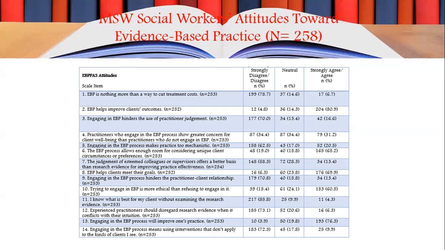But there are some other things at play that explain why, even though we have this positive regard for EBP, it still isn't happening to the extent that it should, right? So it's not so much attitude. There's generally a positive regard, but then the question becomes, if it's not attitude, then what is it?